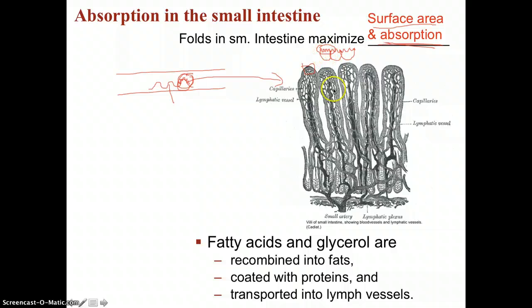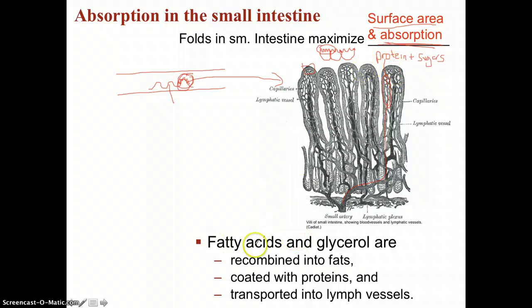So then, coming in and being transported into the body, they come in through these cells, and for basically proteins and sugars, they will be absorbed and go into the blood vessels. So these are the blood vessels. They'll go down and then go into veins.